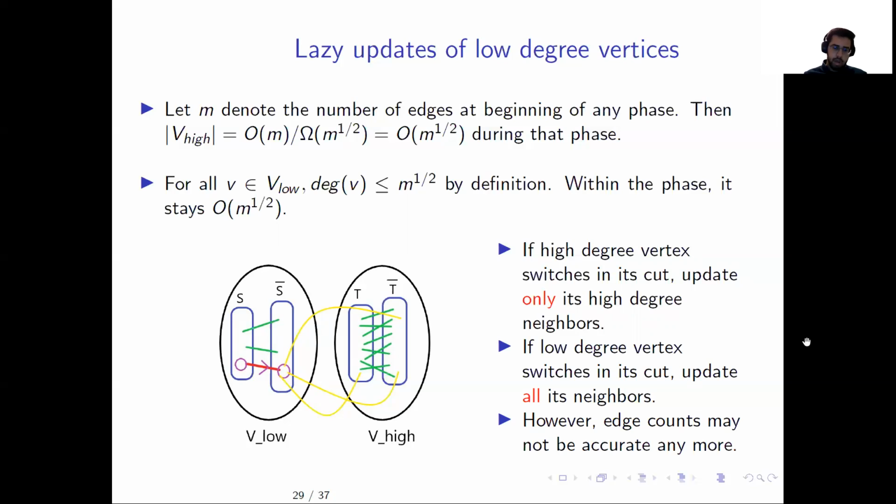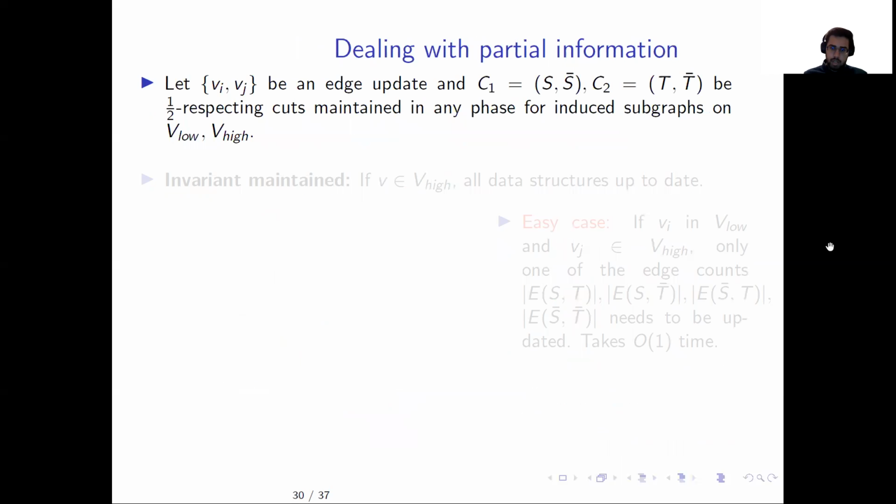But if a high degree vertex switches in its cut, then we'll only update its high degree neighbors. So we'll only let the high degree neighbors know of that vertex's switch. However, this wouldn't allow edge counts to be maintained accurately anymore. So how can we deal with such partial information?